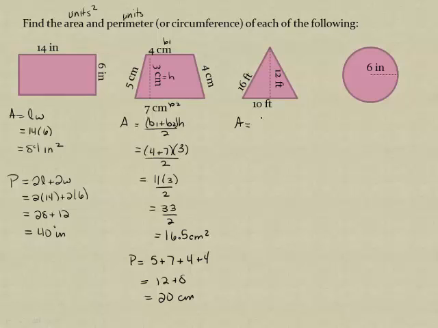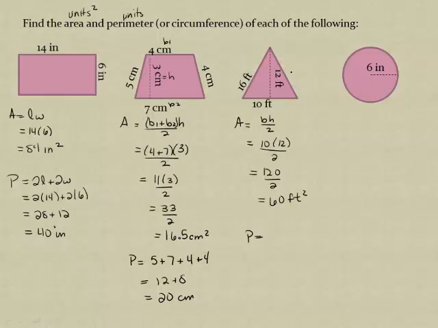Area of a triangle, base times height divided by 2, or 1/2 base times height. Base is 10 feet, height is 12 feet. So I get 120 divided by 2, which is going to give me 60 square feet. And the perimeter.